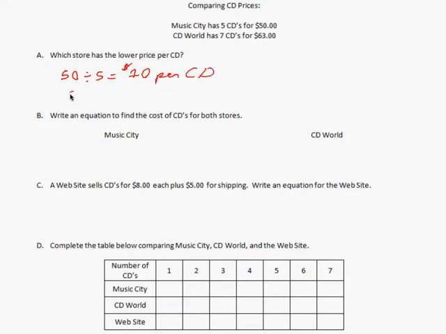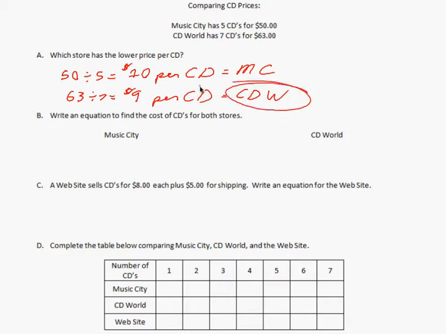And then the other one is 63 divided by 7 equals $9 per CD. So this is Music City. This is CD World. CD World has the lower price per CD. That is a unit rate.